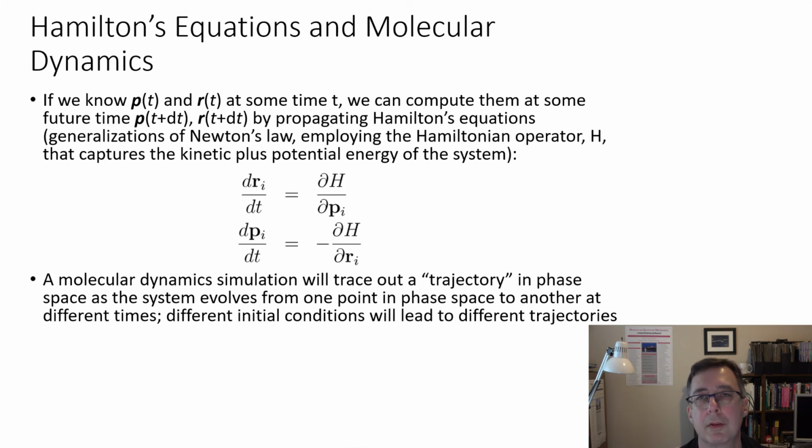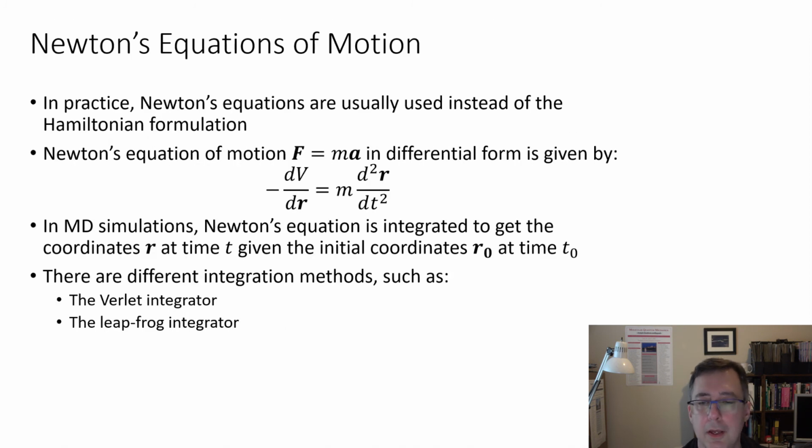A lot of times when the molecular dynamics programs are written, people go ahead and formulate them in terms of the simpler and maybe more familiar Newton's equations, which is essentially F equals ma. So that's fine too. The force can also be written as the derivative of the potential V with respect to r coordinates, and then m is the mass, and acceleration is also the second derivative of the position with respect to time.